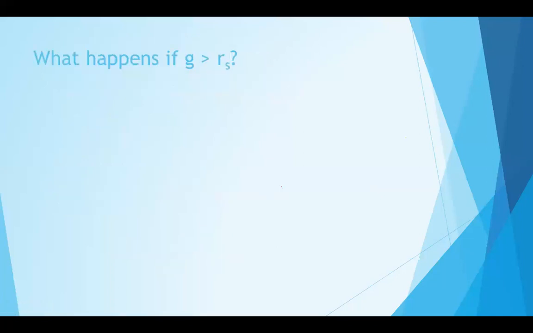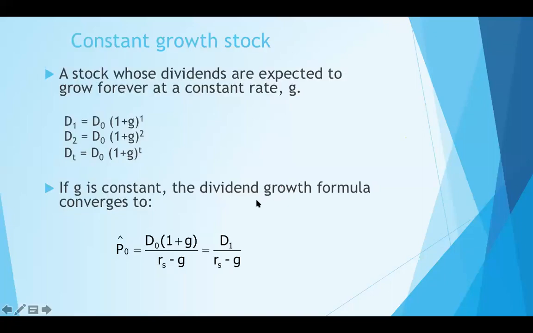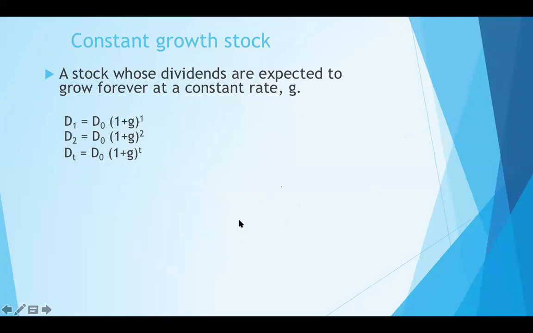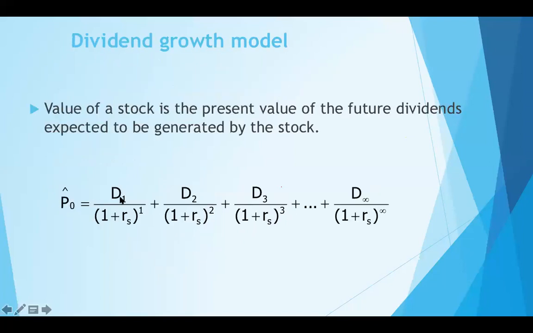What happens if G is higher than expected return? Okay, let me explain once again. You know that this part is clear, right? Yes, okay, this part is clear. If you rearrange this formula, until infinity it's not possible to do it by yourself with the calculator, right?